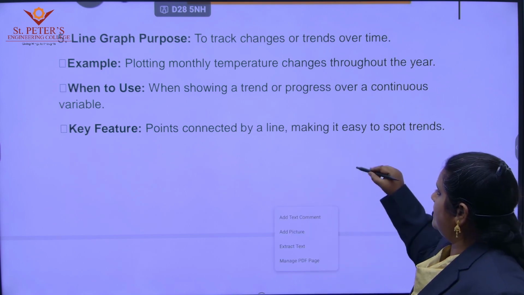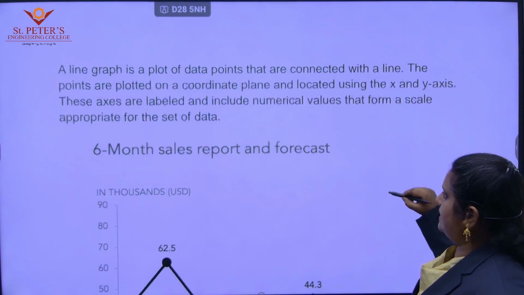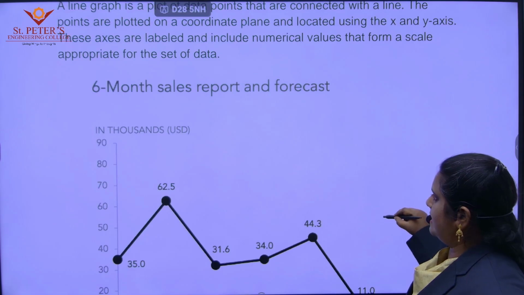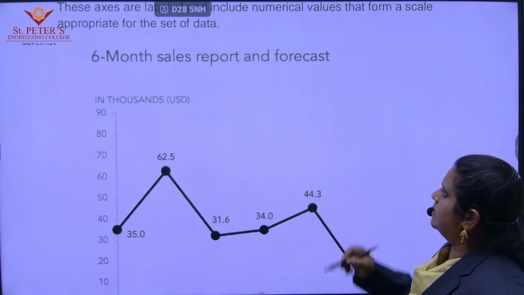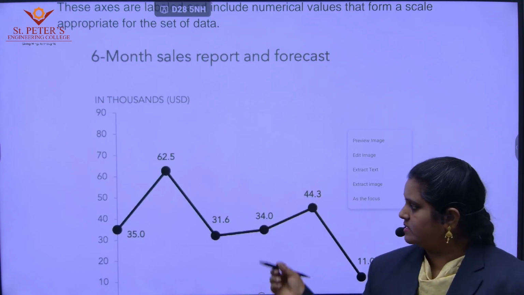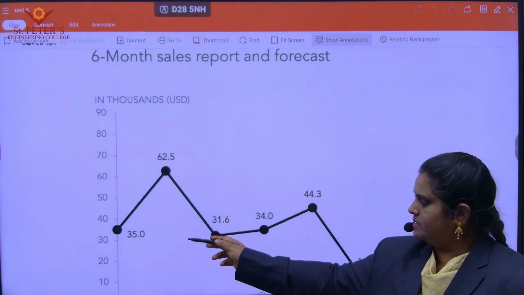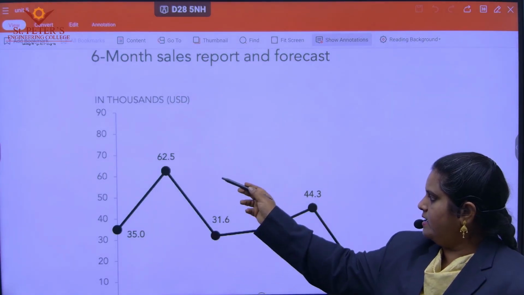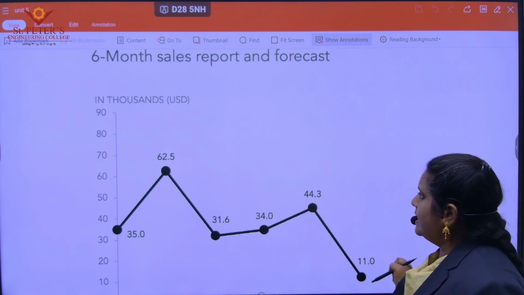See here, I used one example. This is a 6-month sales report and forecast. See, this line graph started at 30 percent and it went up, again down, maintained the same, again up, and again came down.